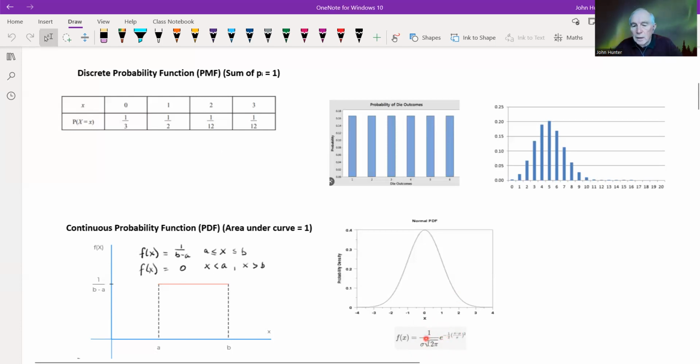But no worries about that, because all that's been done for us and put either in tables or, more usefully nowadays, onto your calculator. So if you go to the ClassWiz calculator and use menu 7, all this stuff is already there for you. So these are examples of continuous probability functions.